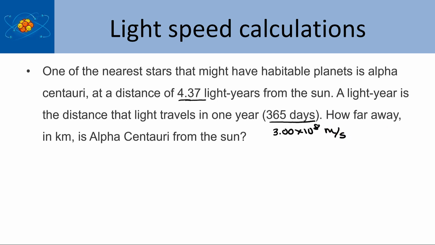Now, to get to the distance, I'll take the time. This is time, because it's in terms of years, right? And so we're going to have to take the years, convert it into days, and eventually into seconds so we can use this.